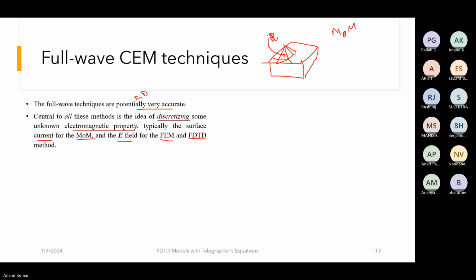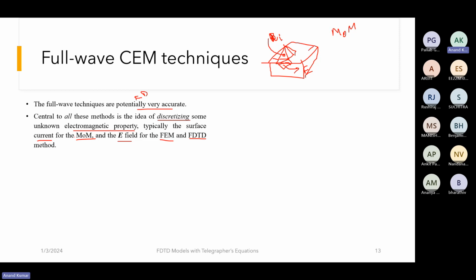If you're using the finite element method, it discretizes the whole space and we will have tetrahedral discretization. And over there, you'll discretize the electric field and try to evaluate that.